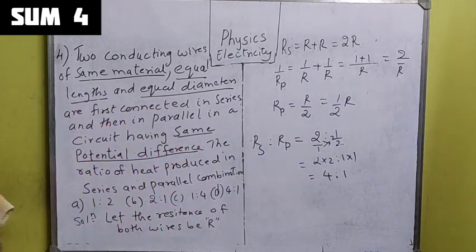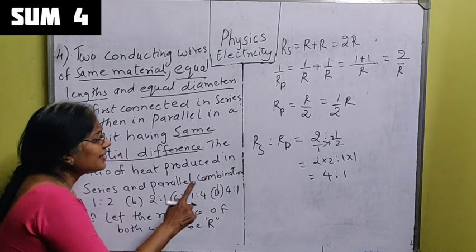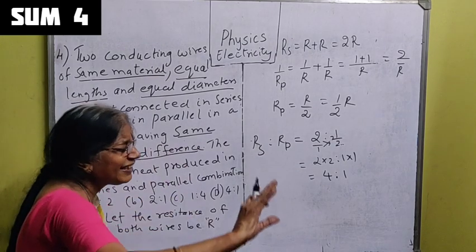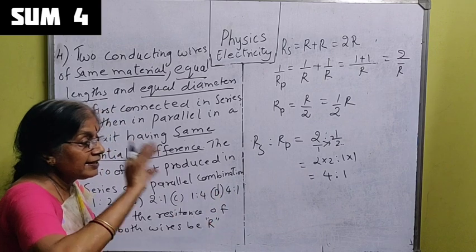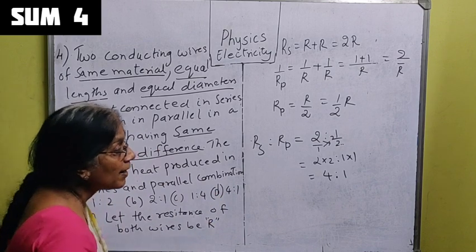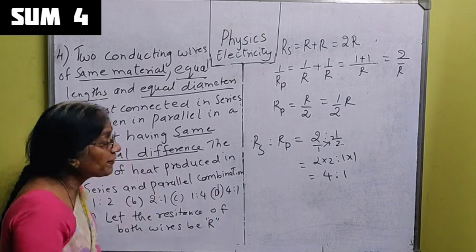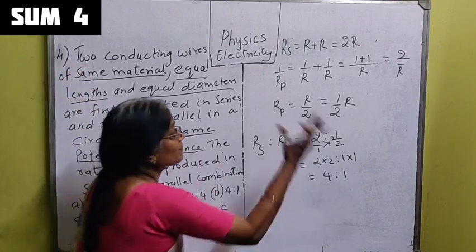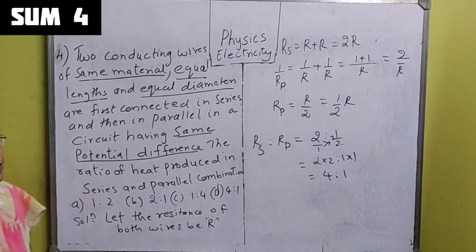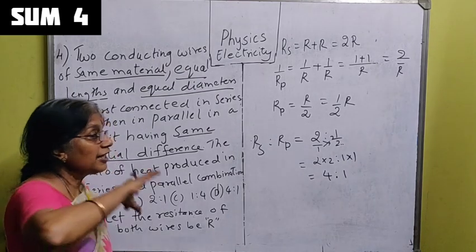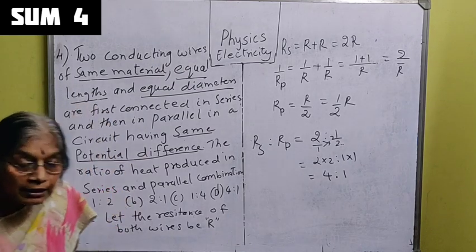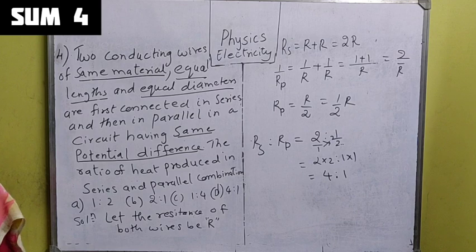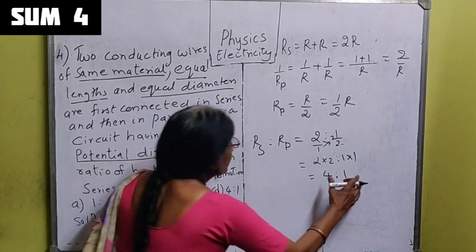One thing to keep in mind: when resistances are connected in series, the current will be the same, but the potential difference changes, due to which the temperature increases, so heat is more. In parallel connection, the voltage is the same, the current changes, but temperature is not produced as much, so the heat produced will be less. So the ratio is 4 is to 1.